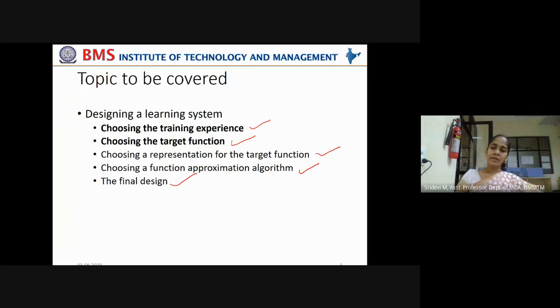Among these, we are going to understand these 2 steps in today's class.